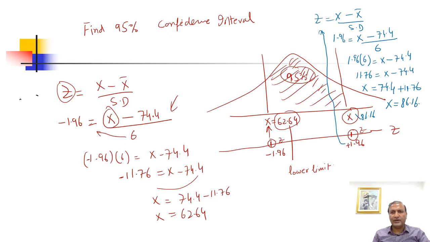If we want to find the confidence interval, we start with the probability and we see what is the z value, and by using the formula then we go back to x value. This is called confidence interval.